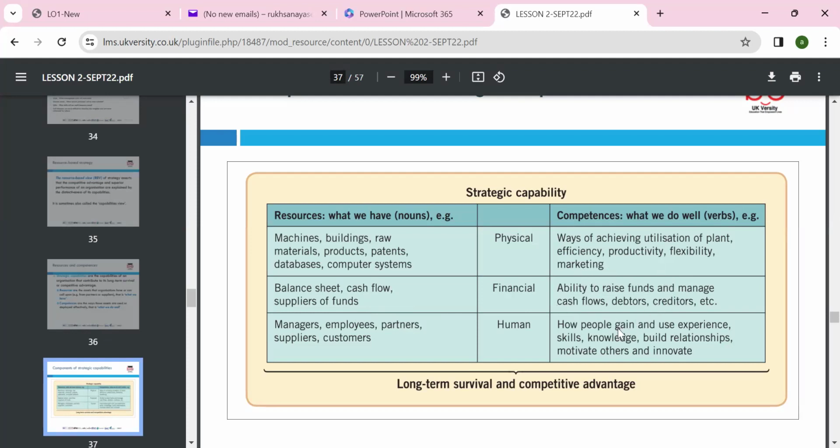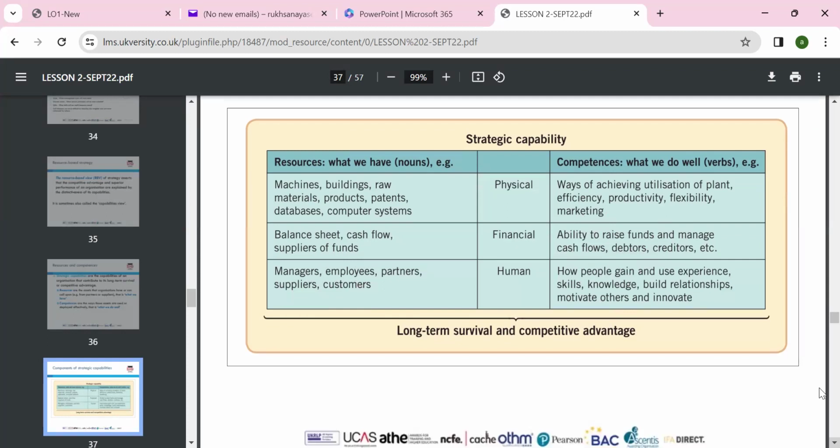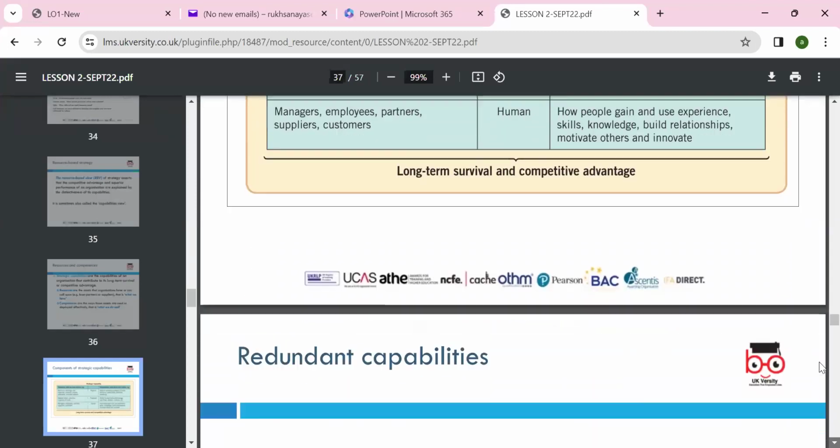We can pay quickly to suppliers and quickly receive money from the customer. Managers, employees, and partners are human resources. We need to look at what relationship we have with employees and what skills they have, how we can put the right person in the right place at the right time, and it will create long-run competitive advantage for our organization.